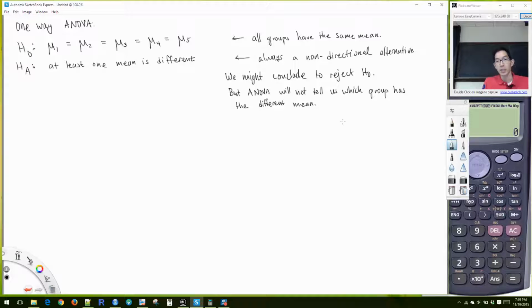Okay. I guess you can have a directional alternative if you only have 2 groups, and it's effectively like a t-test then, okay?